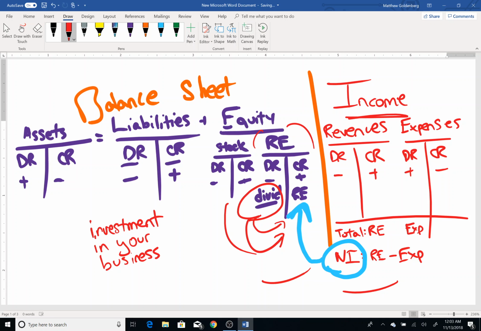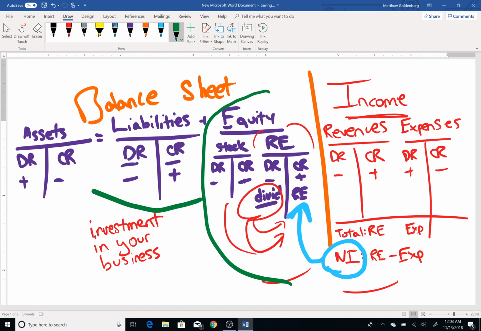So as we have the income statement affecting retained earnings, let's use green. This plus equity is influencing assets by being a part of the investment in the business.